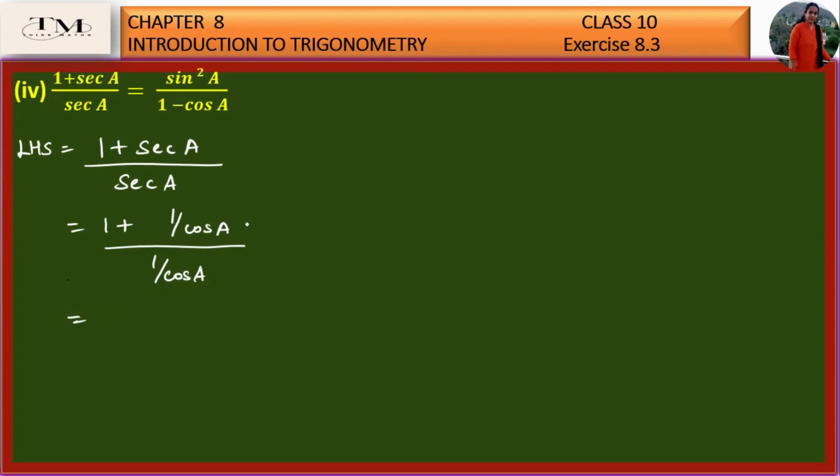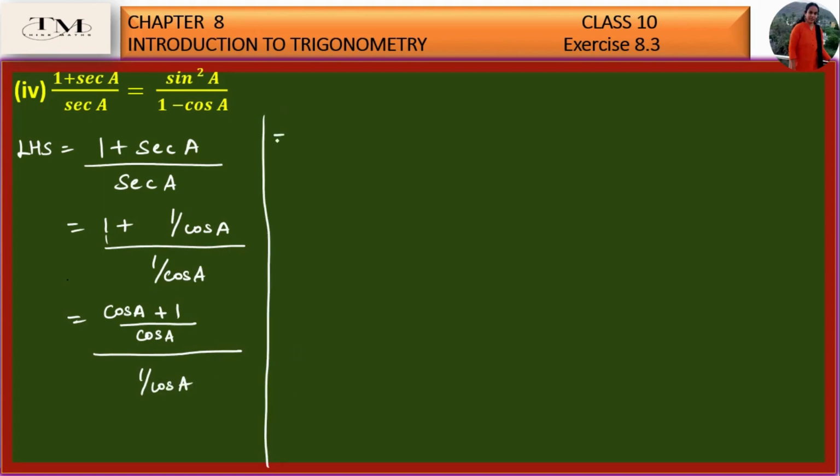So first in the numerator, let us take cos A as LCM. So if we take cos A as LCM, you have to write cos A here. So 1 by 1 cross multiplying, you will get cos A plus 1, divided by what is in the denominator? 1 by cos A. So now in the numerator it is cos A plus 1 divided by cos A. What is in the denominator?